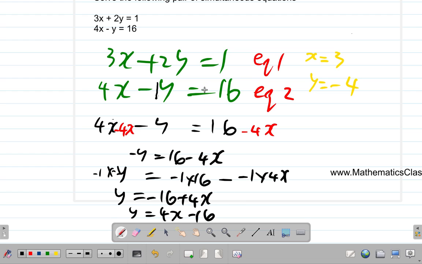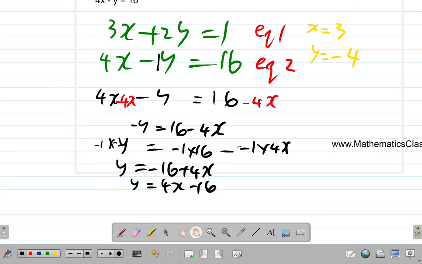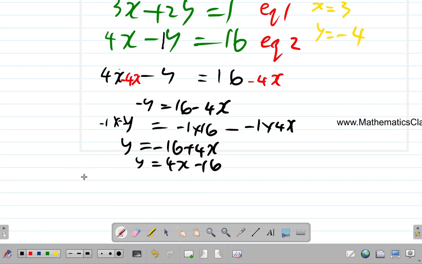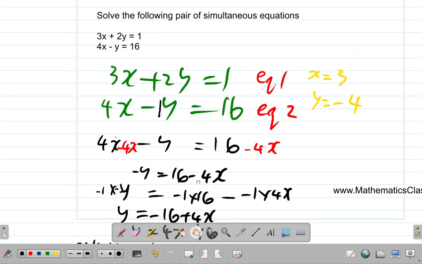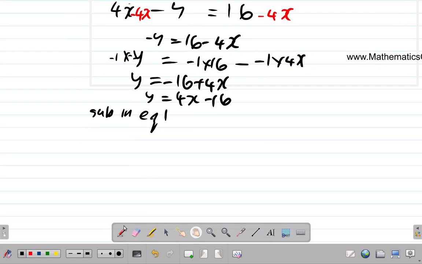Now, let's substitute it in equation 1. Alright? So, substitute in equation 1 and see what happens. 3x plus 2y equals 1. But what is y? y is 4x minus 16.